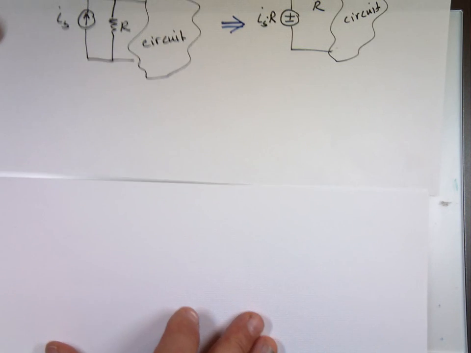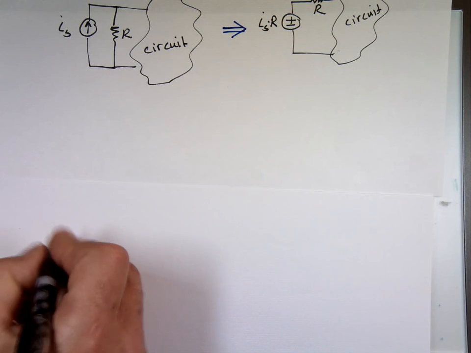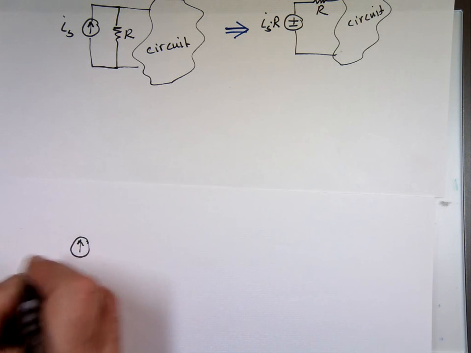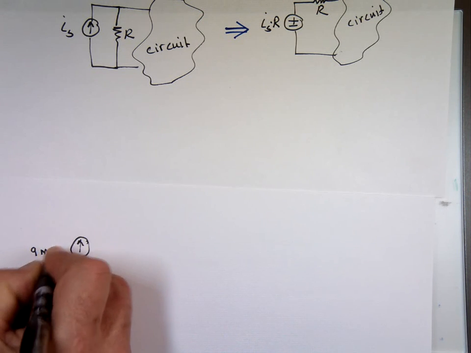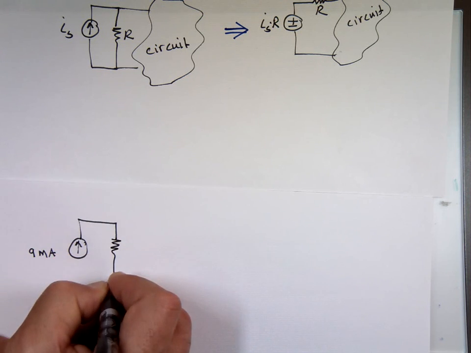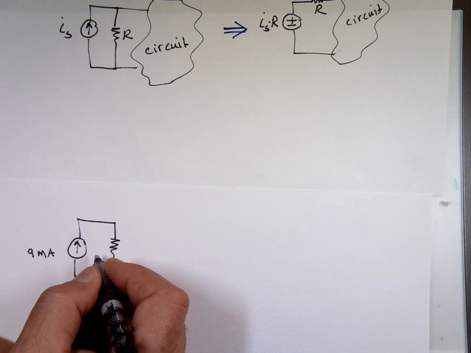Here's my example. Nine milliamps in parallel with 5K.